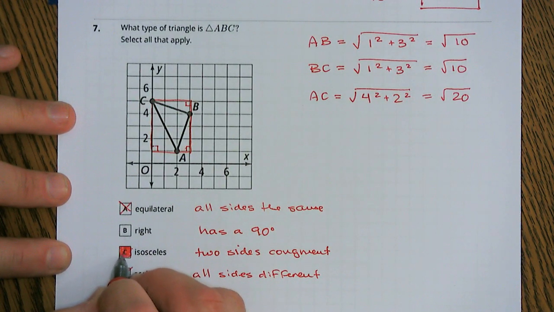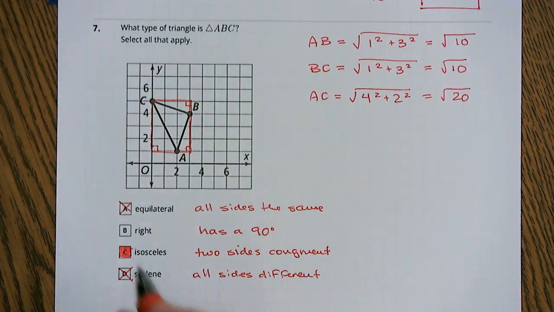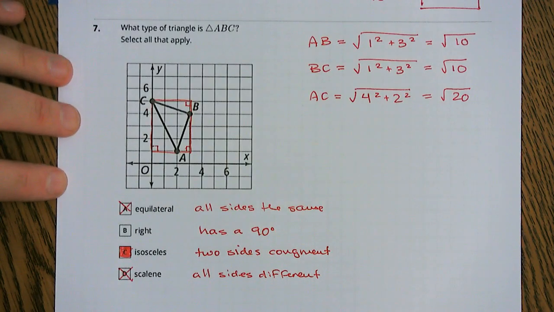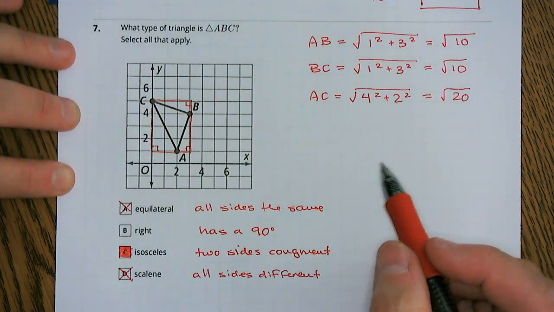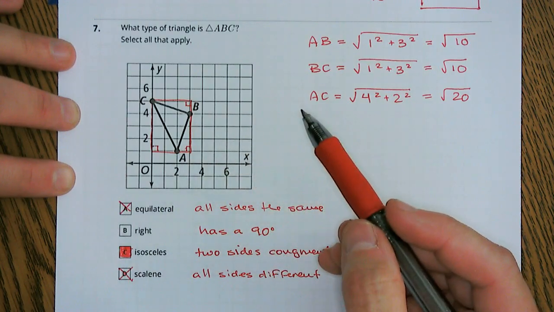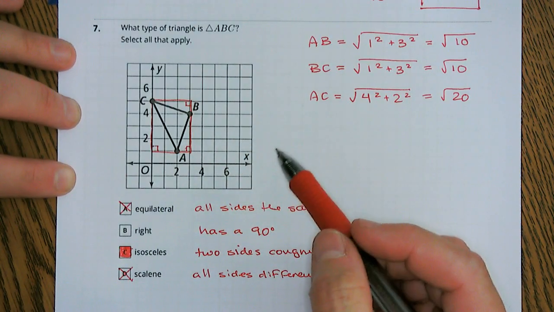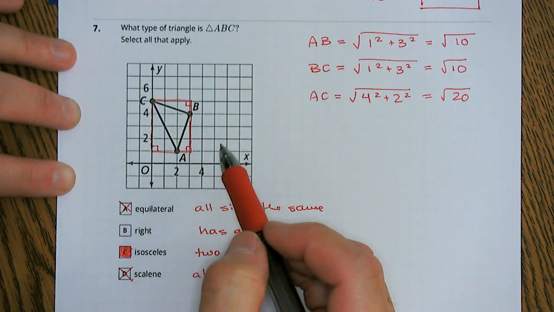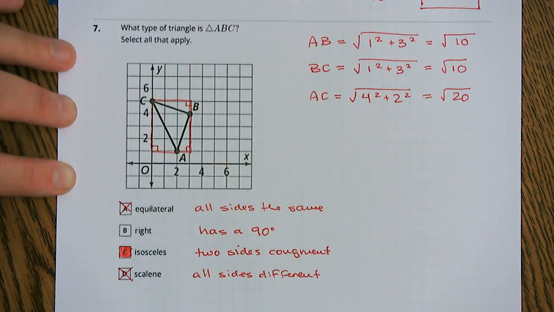Okay, so we know it's going to be C there, but now, is it a right triangle? How can we prove something's a right triangle? Well, we're going to take a look at the angles, or in other words, the slopes of the different sides. If we're looking at this triangle ABC, where does it look like our right angle resides?